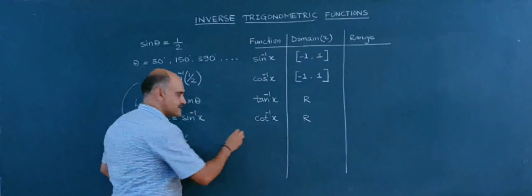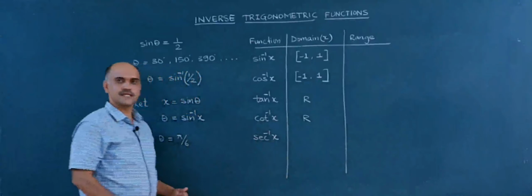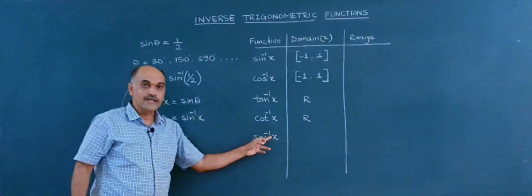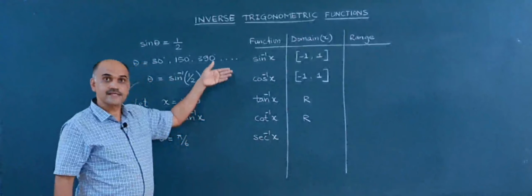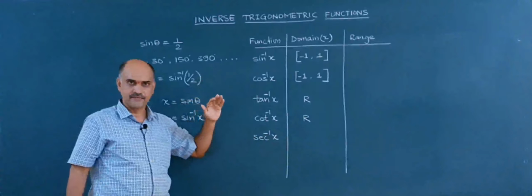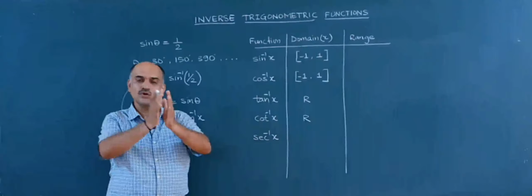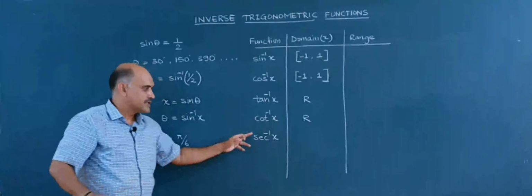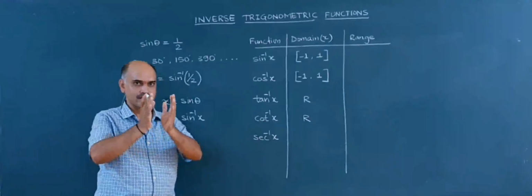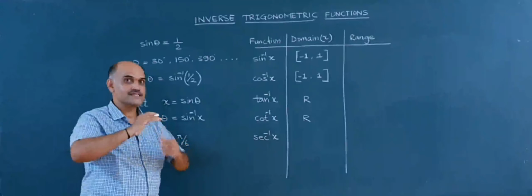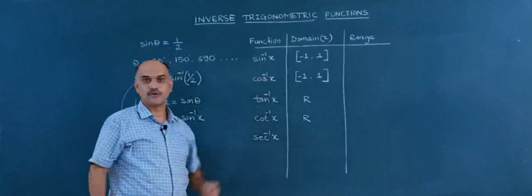Now, if I take secant inverse x, for its domain, secant theta is the reciprocal of cos theta. We know that cos theta value will be from -1 to +1. So secant will never be in between -1 to +1, because if secant theta is less than 1, then cos theta becomes greater than 1, which is not possible.